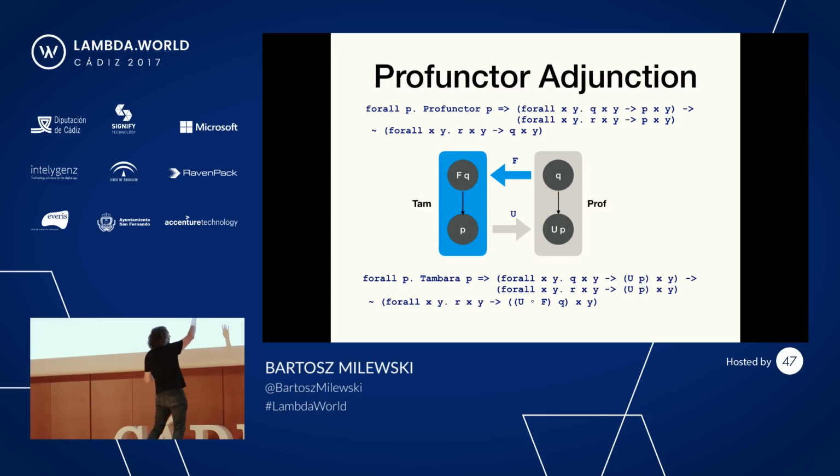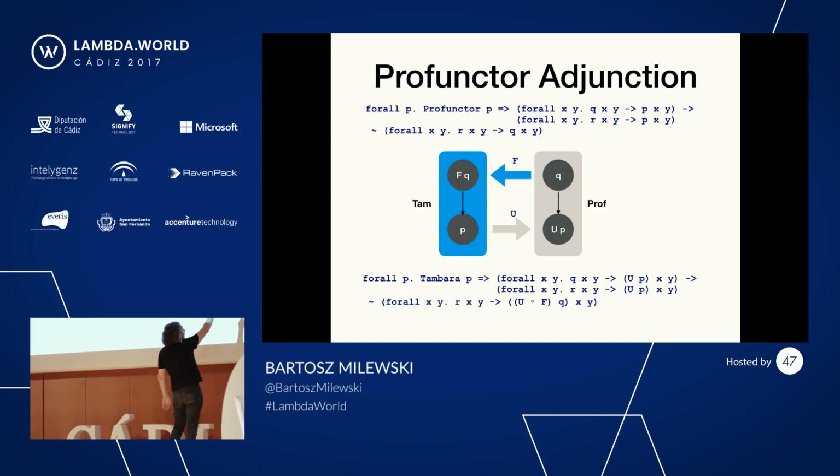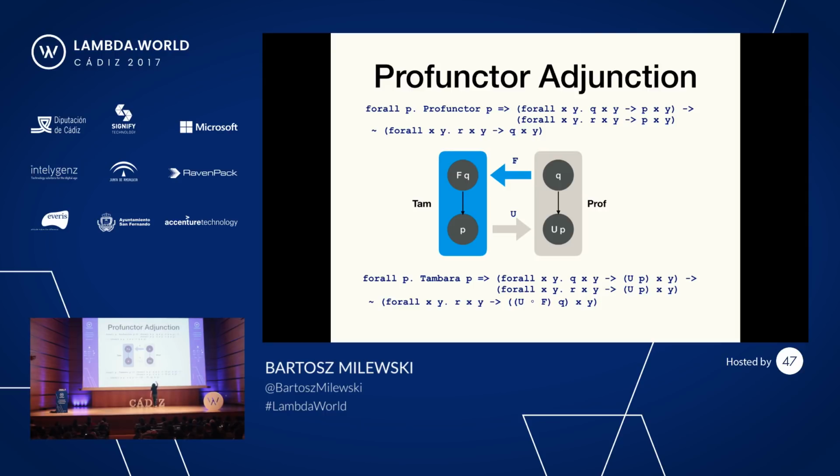The only change is that I suddenly have this U here, right? I started with something that was with P, with F, and I put a U on the right-hand side using the adjunction, right? So this is like the same formula as before, except that I replaced things with profunctors.